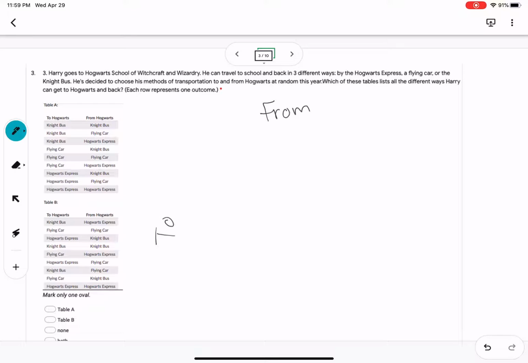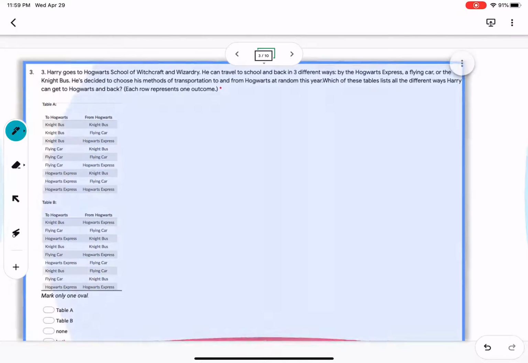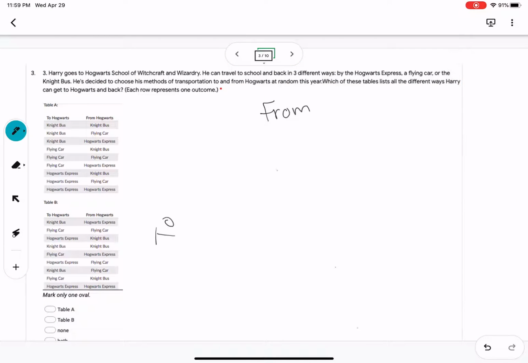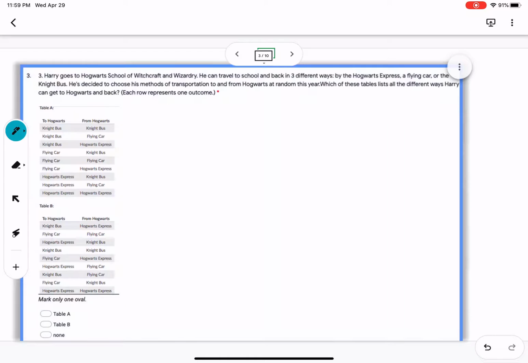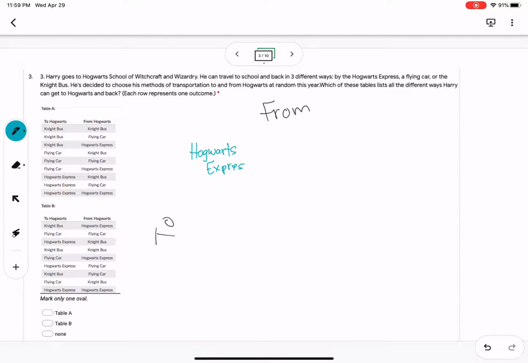So he could go to Hogwarts using the Hogwarts Express. And he could go from using the Hogwarts Express, right?